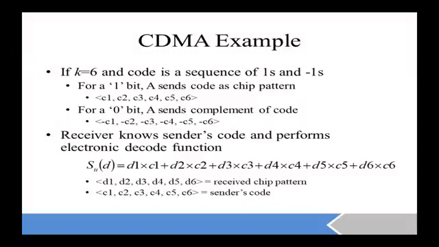The receiver performs electronically the following decoding function: SU of D equals D1 times C1 plus D2 times C2 plus D3 times C3 plus D4 times C4 plus D5 times C5 plus D6 times C6.